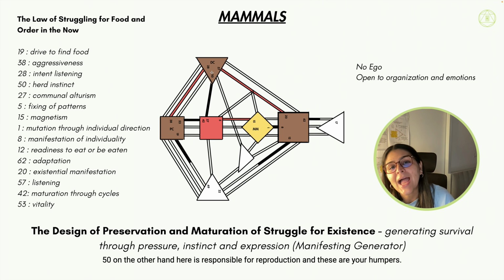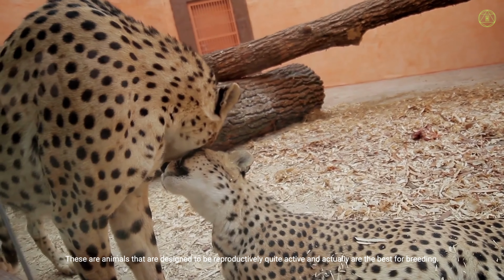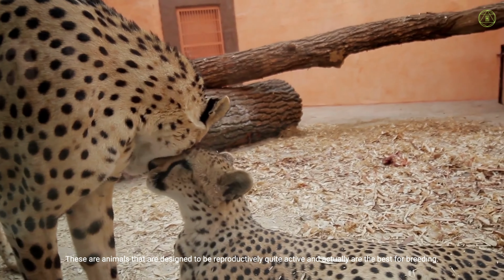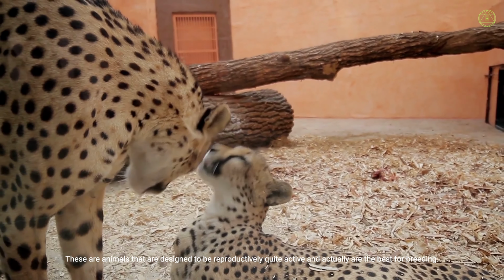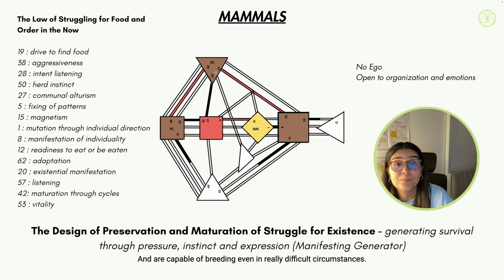50, on the other hand, here is responsible for reproduction, and these are your humpers. These are animals that are designed to be reproductively quite active and actually are the best for breeding and are capable of breeding even in really difficult circumstances.